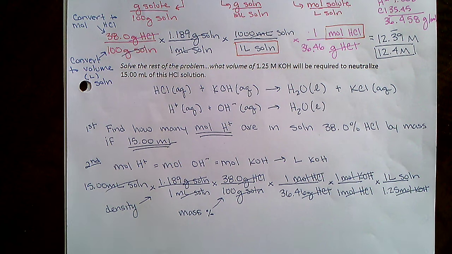Okay, so again, all we need to do is multiply all these digits in the numerator and divide by the quantity in the denominator. So 15 times 1.189 times 38, divided by 100 times 36.46 times 1.25.